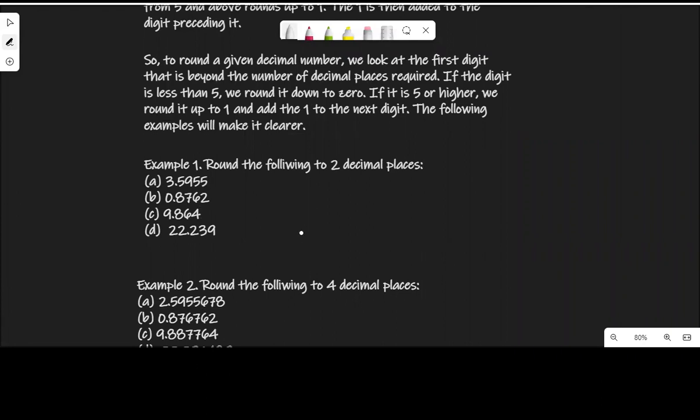Example 1 says round the following to 2 decimal places. The first one is 3.5955. As it is here, these are 4 decimal places, so we want to round this number to 2 decimal places.